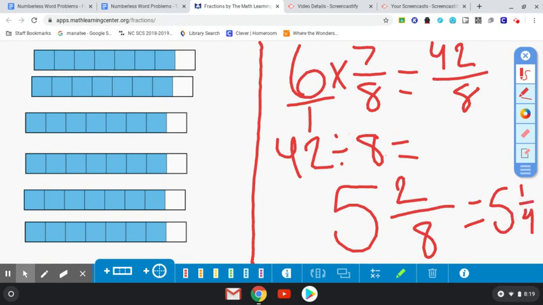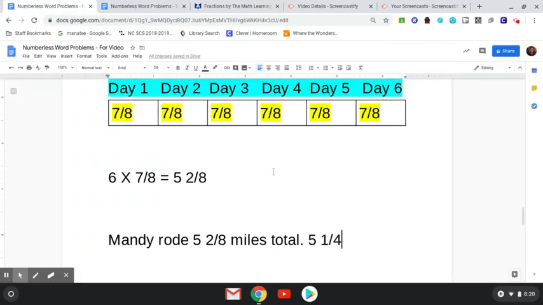So either of those answers is correct. If I click back over now, I have that 6 times 7/8 is 5 and 2/8. So Mandy rode 5 and 2/8 miles total. Again, you could simplify that down into 5 and 1/4.